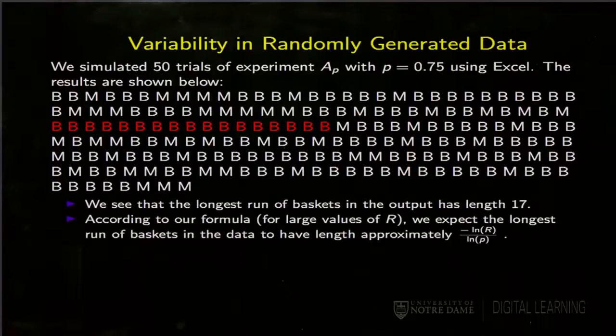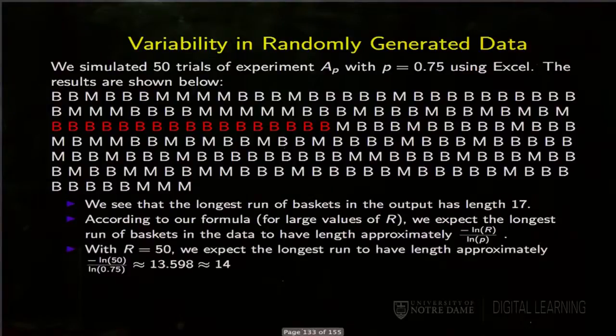Well, what do we expect? Out of 50 trials of experiment AP with p equal to 0.75, we would expect the longest run to have length approximately minus the natural logarithm of 50 divided by the natural logarithm of 0.75. That turns out to be approximately 13.598, or we can round it off to 14.